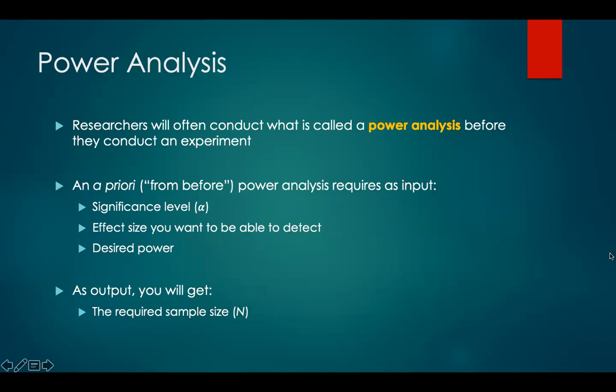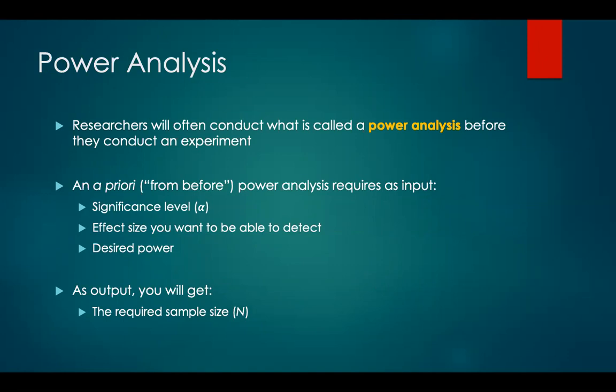Researchers will often conduct what is called a power analysis before they conduct their experiment. So an a priori, or from before, power analysis requires as input the significance level, or alpha, which is usually 0.05, the effect size you want to be able to detect, and the desired power.